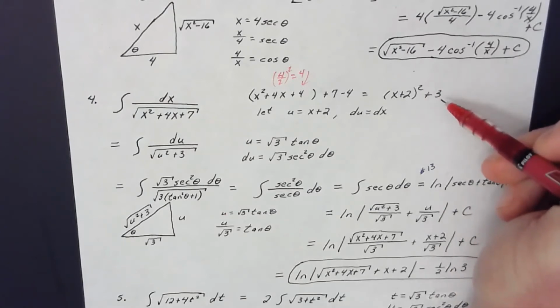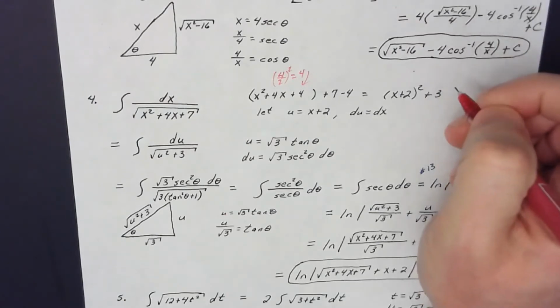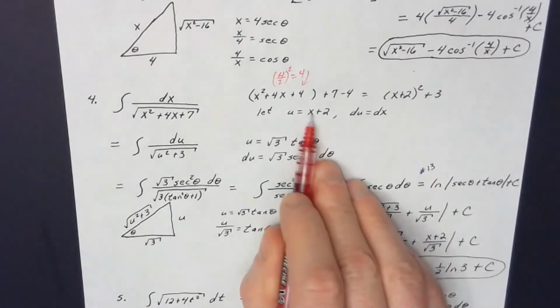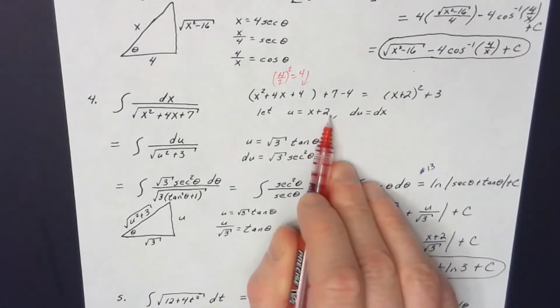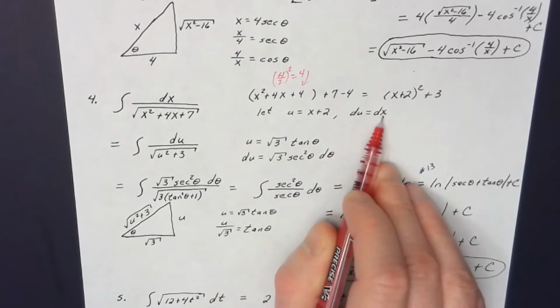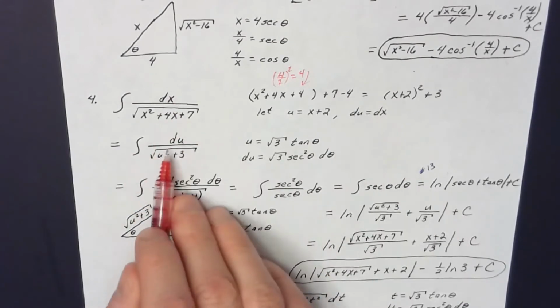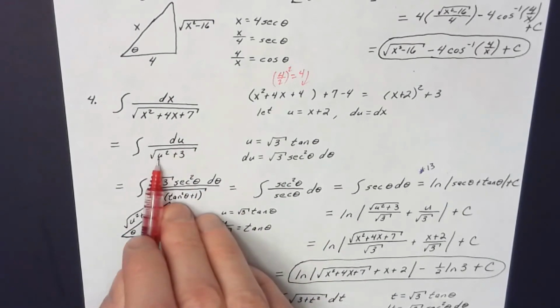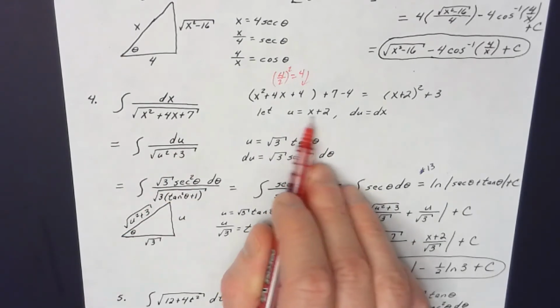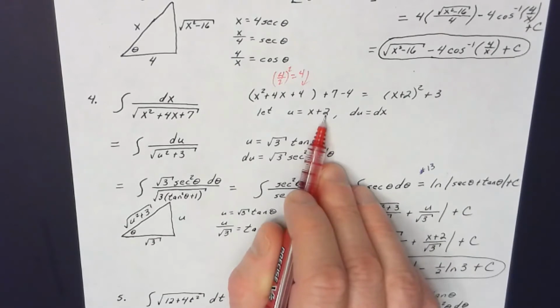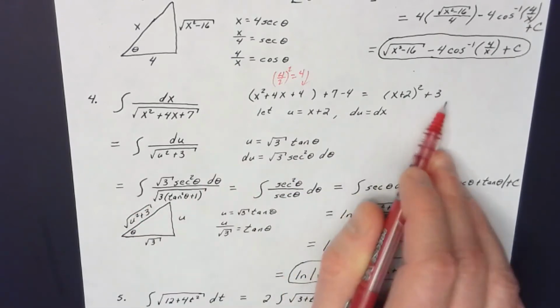So now I'm going to do a u-substitution and let u equal x plus 2. If I do, du is just dx, so that's an easy substitution to make, and it simplifies my problem to this. The u squared is taking the place of x plus 2 squared, and then I have the plus 3.